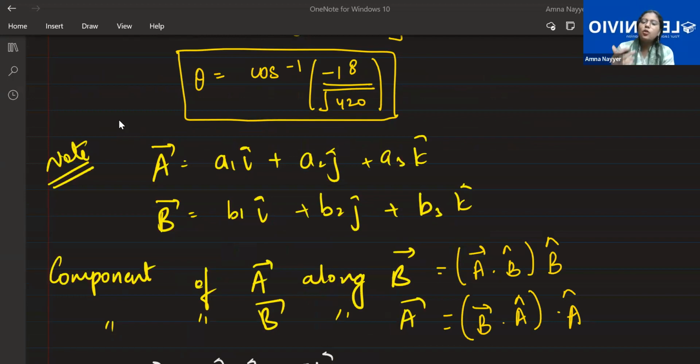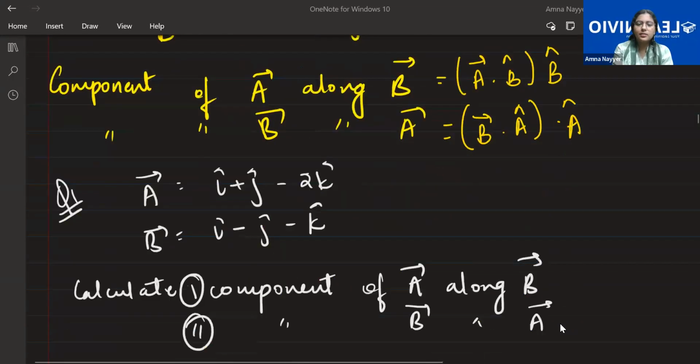When you are asked to write the component of A along B, this means A vector dot B cap, multiplied by the unit vector of B. This is the formula for it. There's a derivation for it which you need not do. Similarly, the component of B along A is B vector dot A cap into A cap.